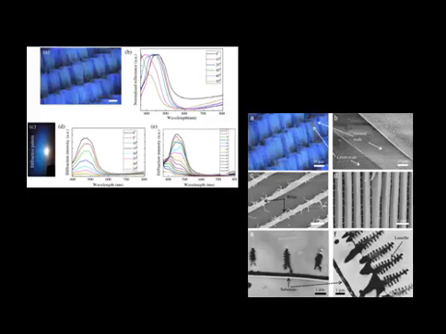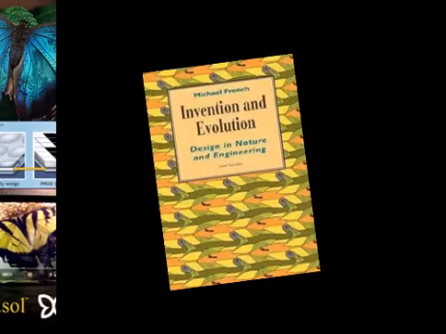Okay, after this video, you're going to watch, read a chapter out of this book, Invention and Evolution, Design in Nature and Engineering by Michael French. One thing that's really great about these sorts of books is that if you're not an engineer and you don't really get engineering principles, some of these books that span biology or nature and engineering are a really nice entry point for non-engineers to start understanding engineering and how engineers think, which is really helpful when you're in the abstract phase.